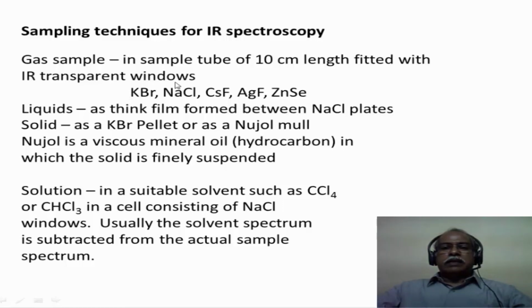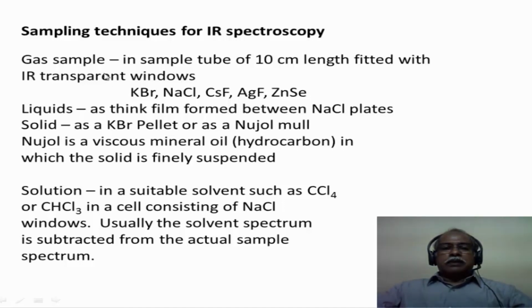So essentially inorganic salts or inorganic materials are used as transparent windows, which are potassium bromide, sodium chloride, cesium fluoride, silver fluoride, zinc selenide, and so on. They are used as material for making the cells and windows of the infrared sampling technique.